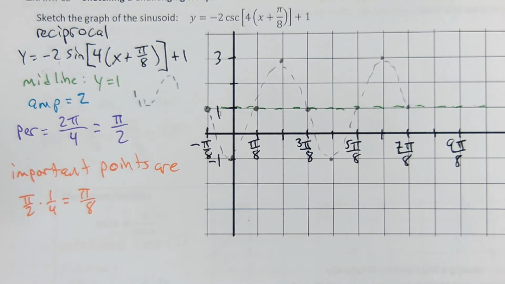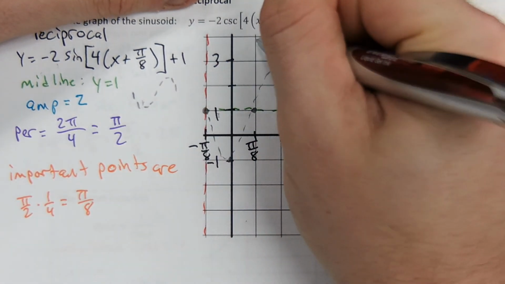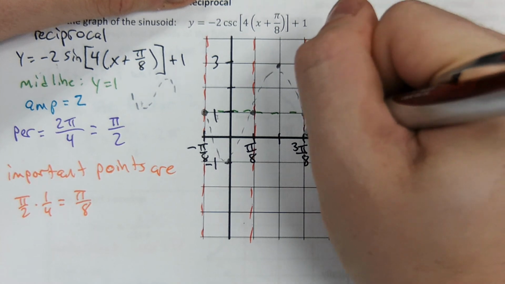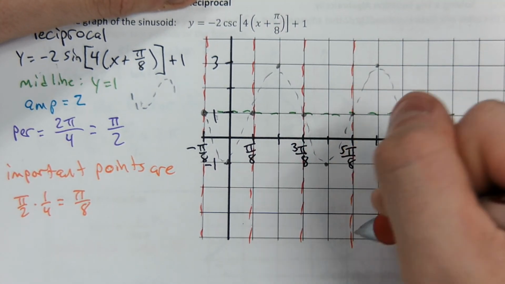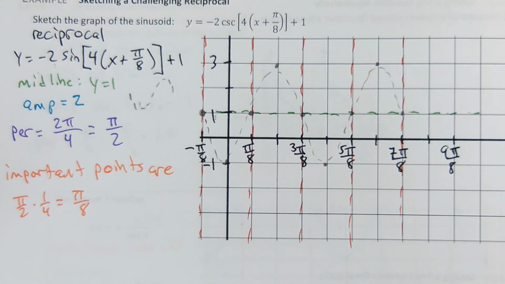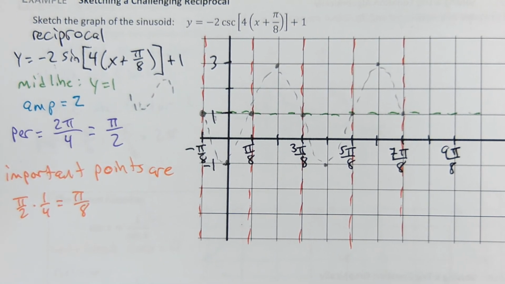All right. Every time that sine function hits its midline, that's a vertical asymptote. And halfway between every vertical asymptote, actually, well, it doesn't even matter.